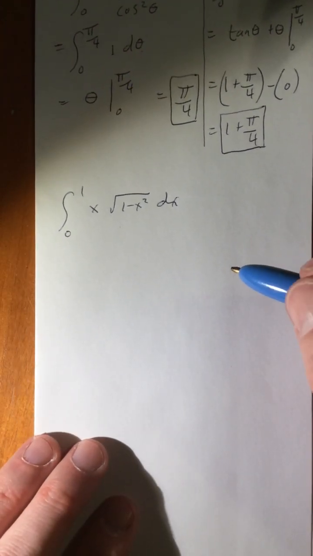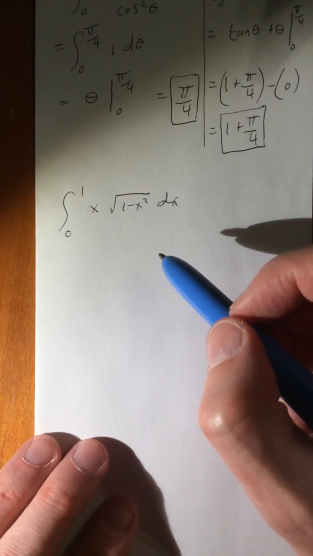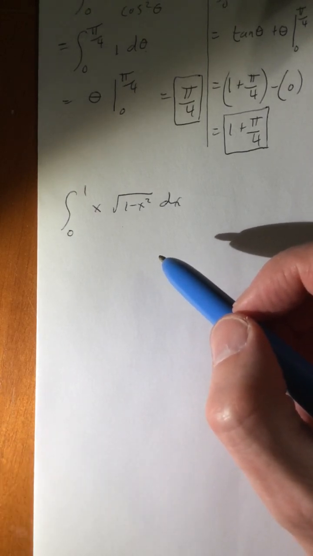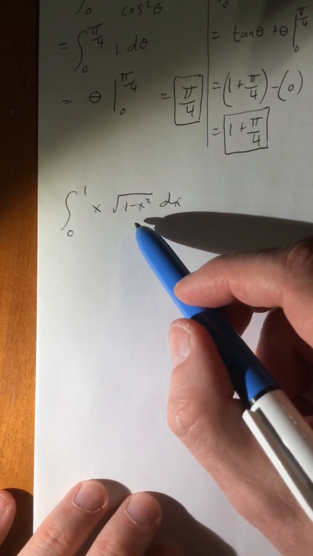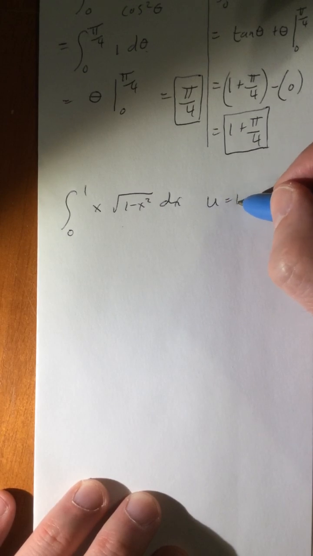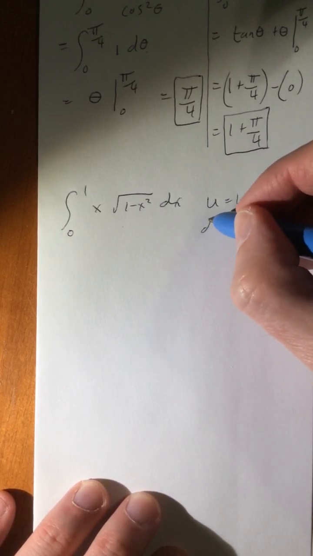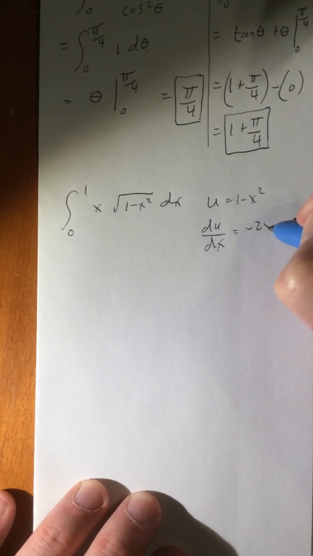Okay, so here is an opportunity for us to do some u substitution. So obviously here u is going to be the inner function, so that's going to be equal to 1 minus x squared. And then we get du dx equals negative 2x.